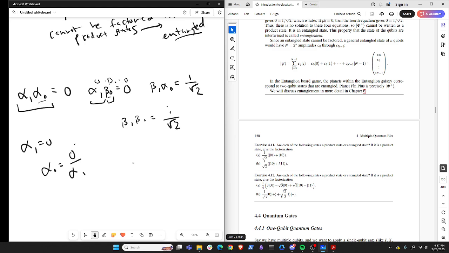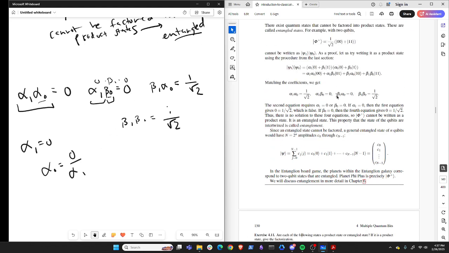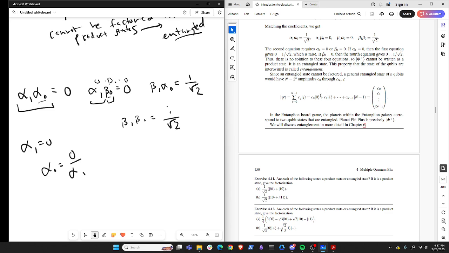Let me grab the textbook, because I am going off script here a little bit. Grab my physical copy. 4.11. Yeah, so this can be factored. I just confused something here for a second.